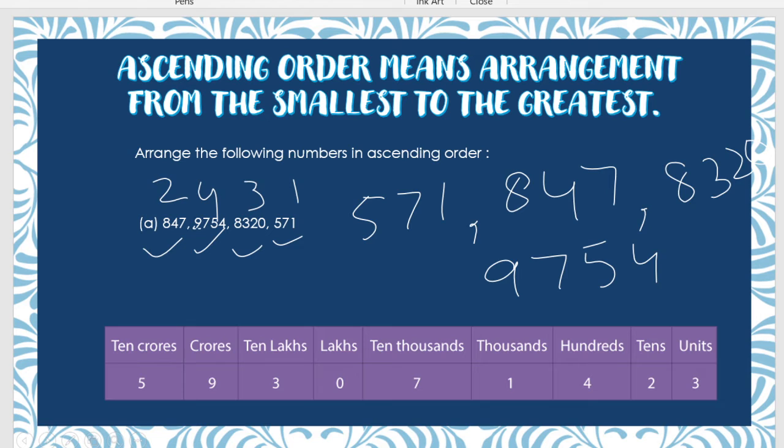But the major mistake made by most of you is that you just eat the numbers. Rather than eating the numbers, you should read the numbers, like you should say the number name, 9,754, in order. While writing, you should read the number.